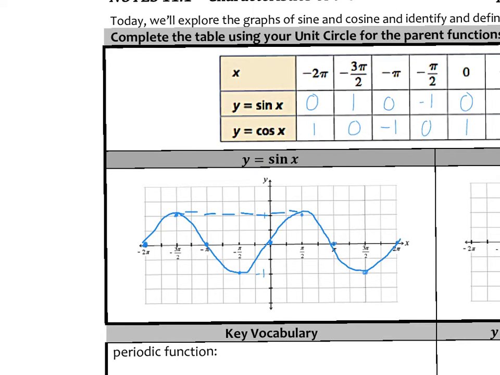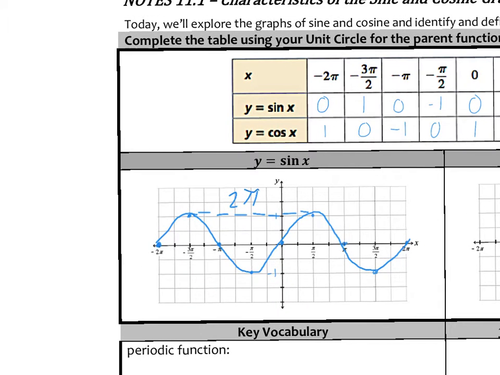Okay? And it gets back up to that max, that 1, every 2 pi. Okay? So we're actually going to call that our period. Period, because that's the period of time, or the period of measures that it takes to reach a full 2 pi cycle.